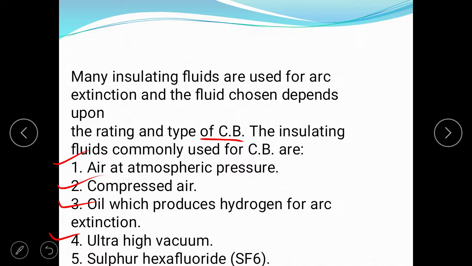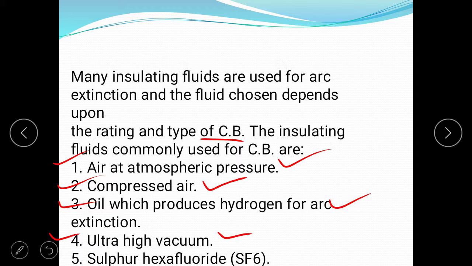So according to the insulating fluid, circuit breakers are classified as air circuit breaker, air blast circuit breaker, oil circuit breaker. These are of two types. One is bulk oil and second is minimum oil.